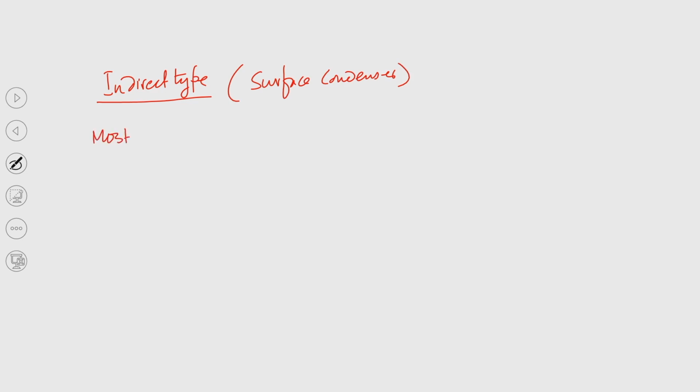Okay. Next we talk about indirect type. In indirect type, which is commonly used in most of the thermal power plants, right, it is a surface condenser.